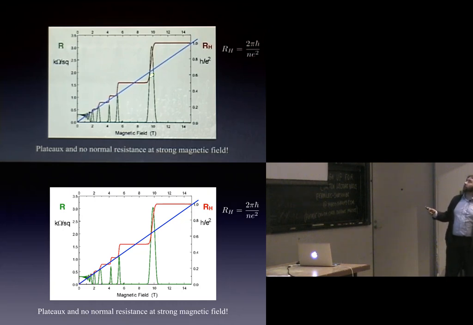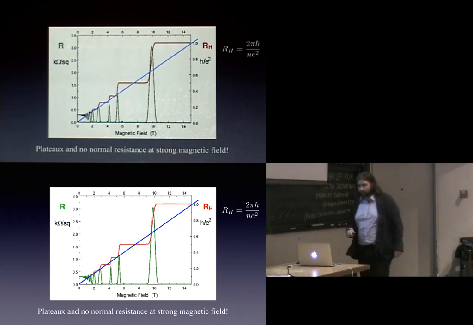And it's 1 here, and it's 2 here, and it's 3 here, and so on and so forth. And this works amazingly well, and in fact, these plateaus are one of the best ways to experimentally determine the value of h bar over e squared.